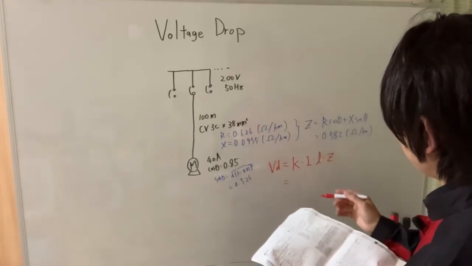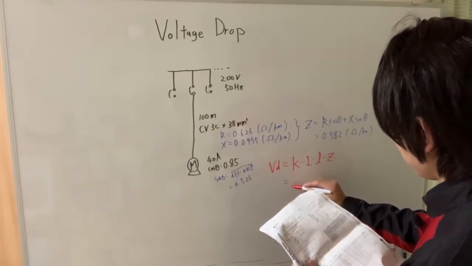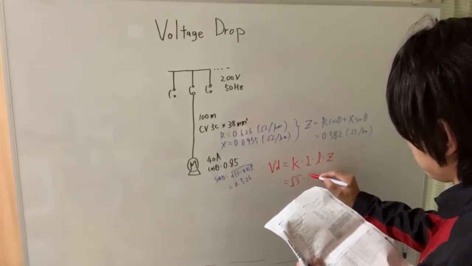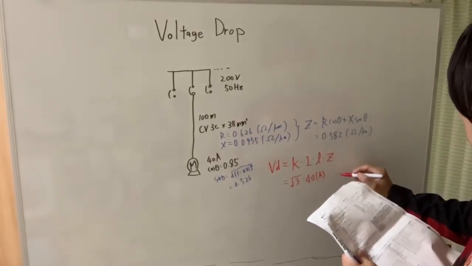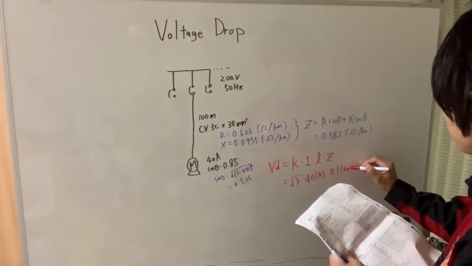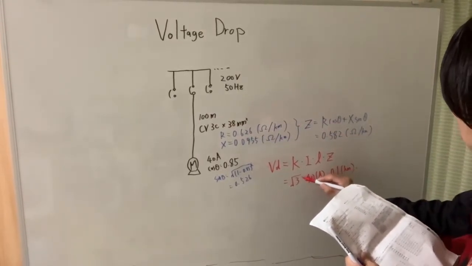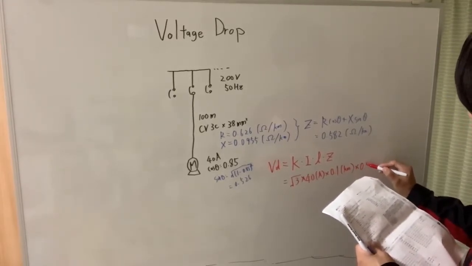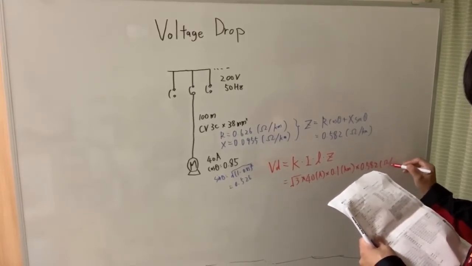And this is a 3-phase power system, so square root 3 times 40 ampere times 0.1 kilometer, 100 meters, times 0.582 ohm per kilometer.